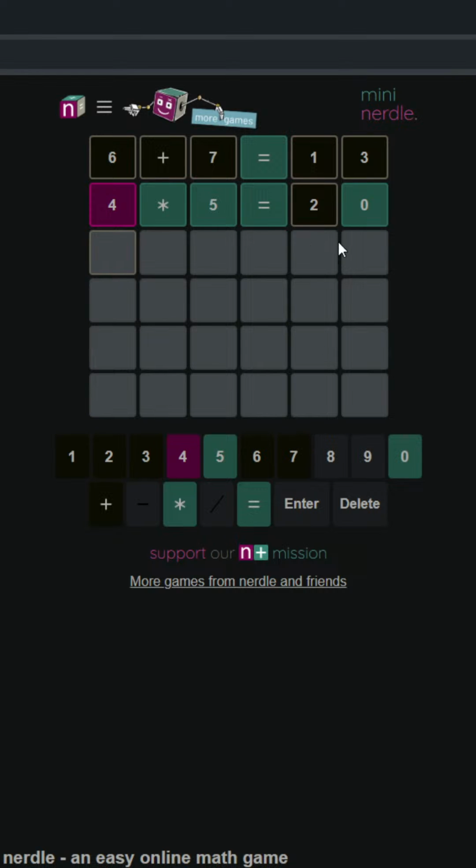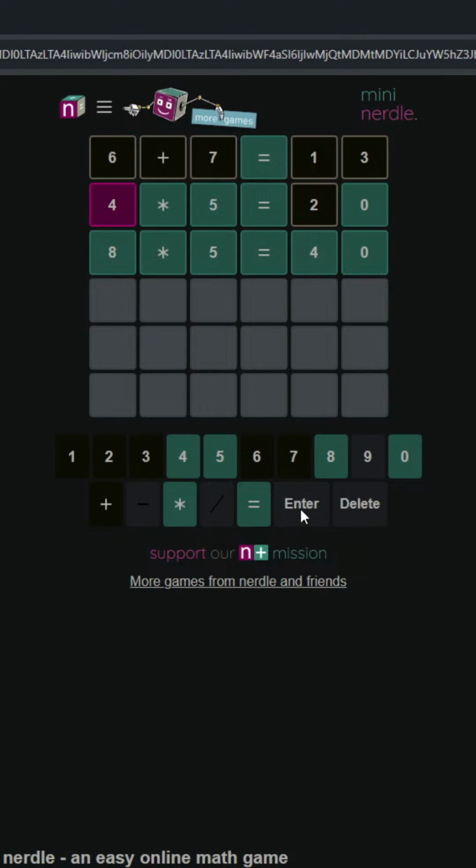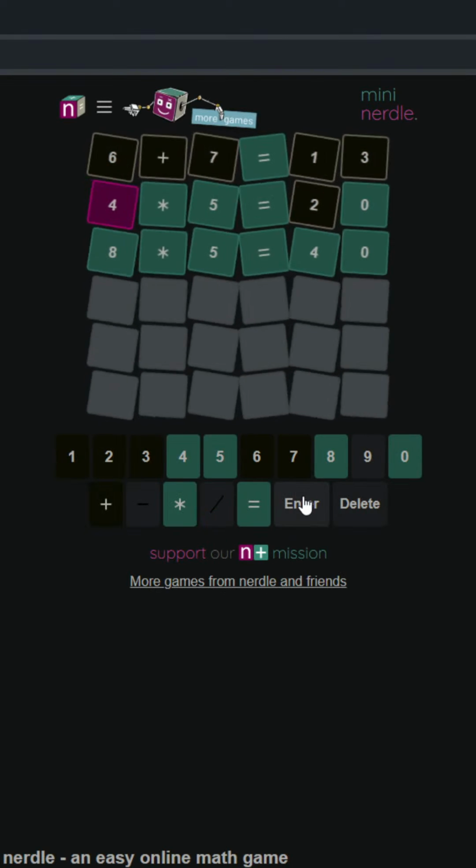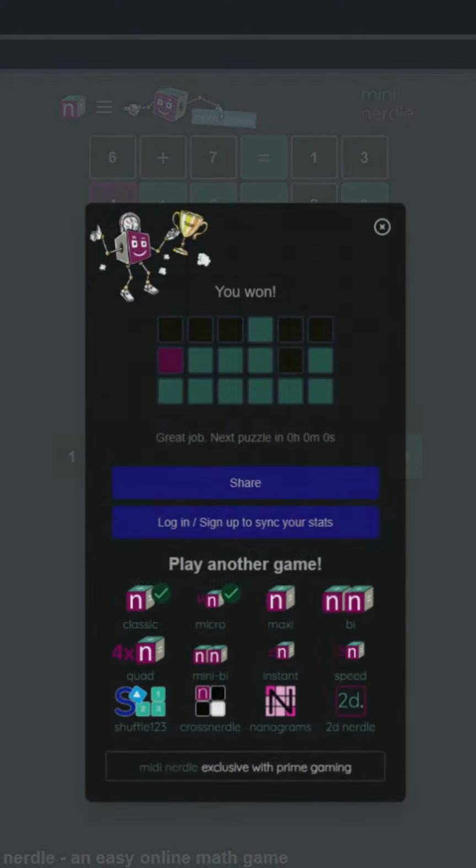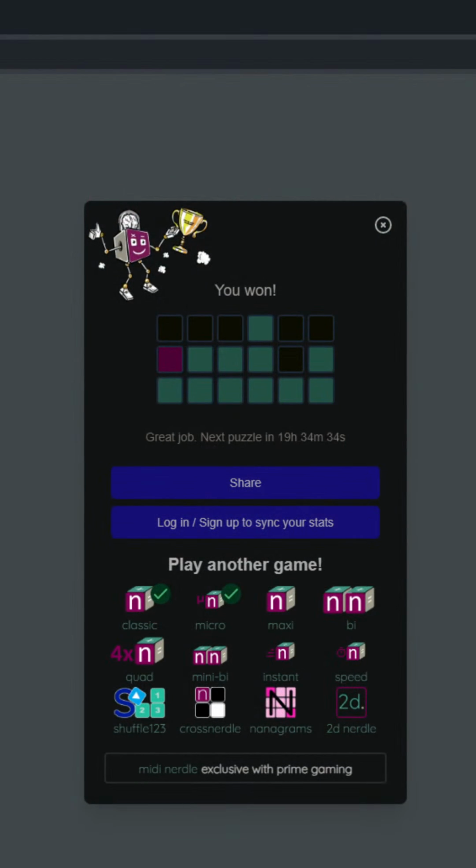It's the only possible answer. 8 times 5 is equal to, because we know 4 can't be right, and the only other place 4 could go is right there. So this has to be the spot for 4. And the only number multiplied by 5 that gives you 40, that's 8. Easy peasy.